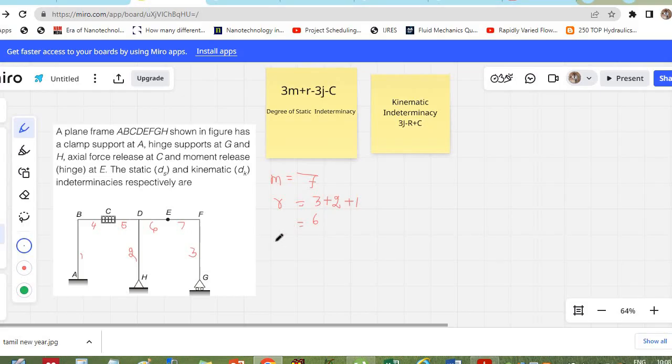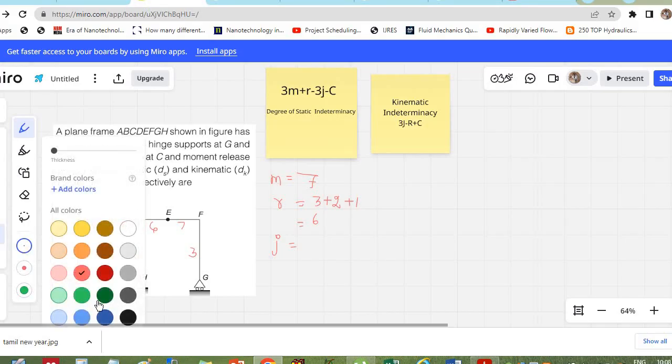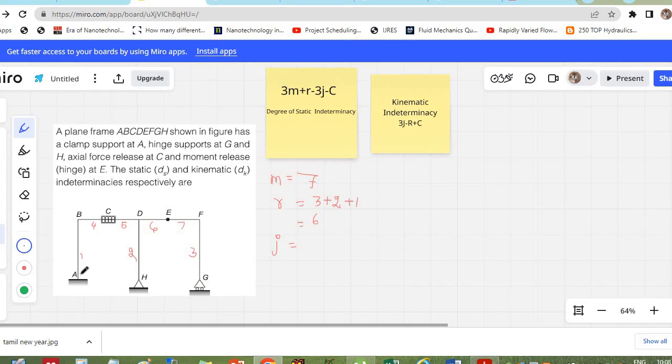And now we will calculate the number of joints j. Here you can take the number of joints as 1, 2, 3, 4, 5, 6, 7, 8. The number of joints is 8.